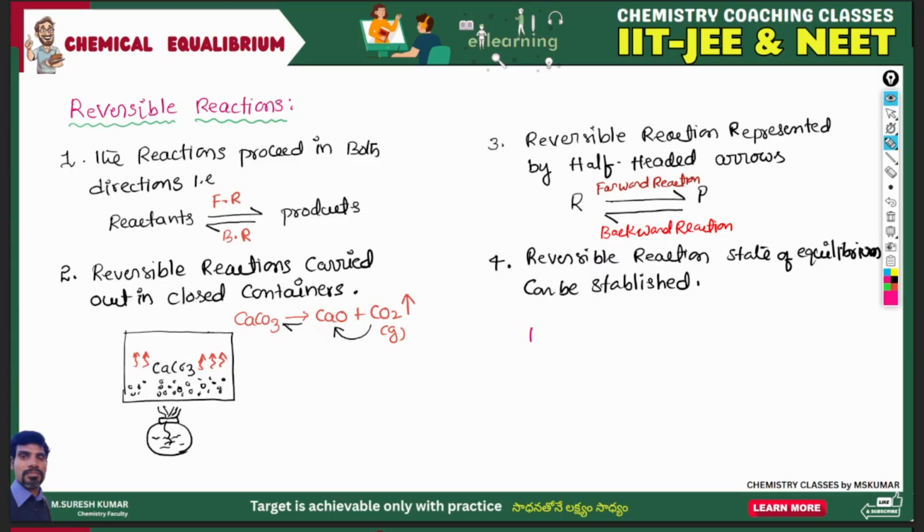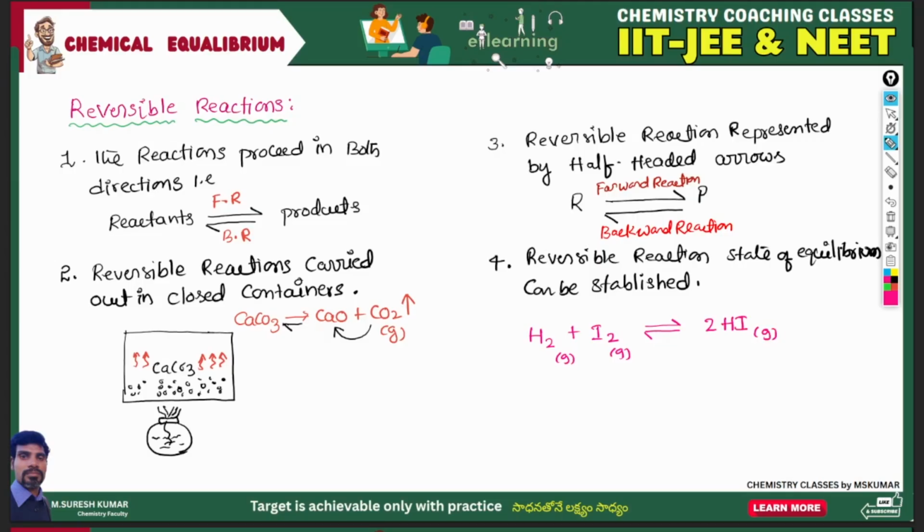For example, H2 hydrogen gas reacts with iodine gas. It is hydrogen gas. It is iodine vapor or gas. Now the reaction between these two gases produces hydrogen iodide. It also exists in which state? Gaseous state only, hydrogen iodide.